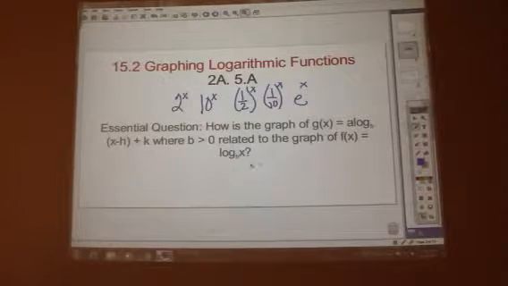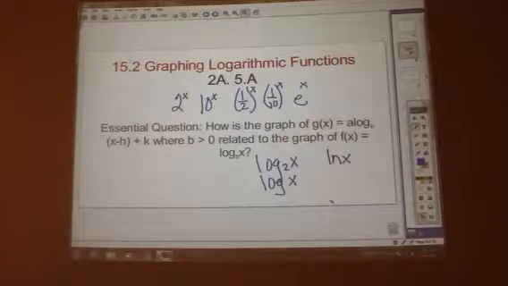So now we're going to look at log base 2 of x, log base 10 of x. Now remember, when there's not a base here, it's automatically 10. You don't have to put a 10 there. And then log base e of x. Remember, base e is the same thing as natural log.